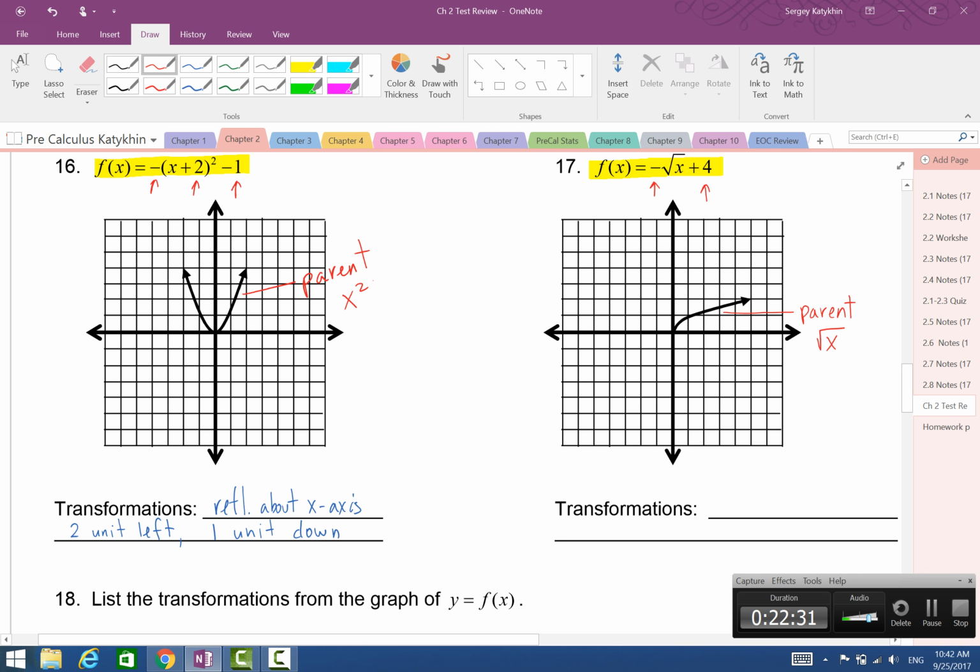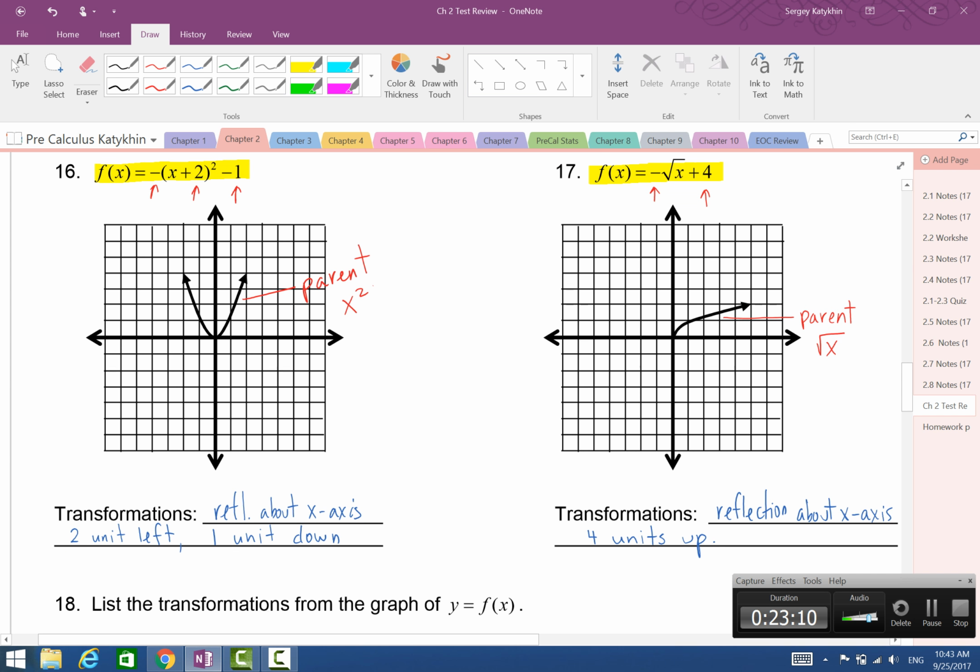The negative in front is going to be a reflection about the x-axis. And the +4, since it's on the outside, is going to move up and down. So it'll be 4 units up. That is our information about the transformations from the parent to the function they gave you.